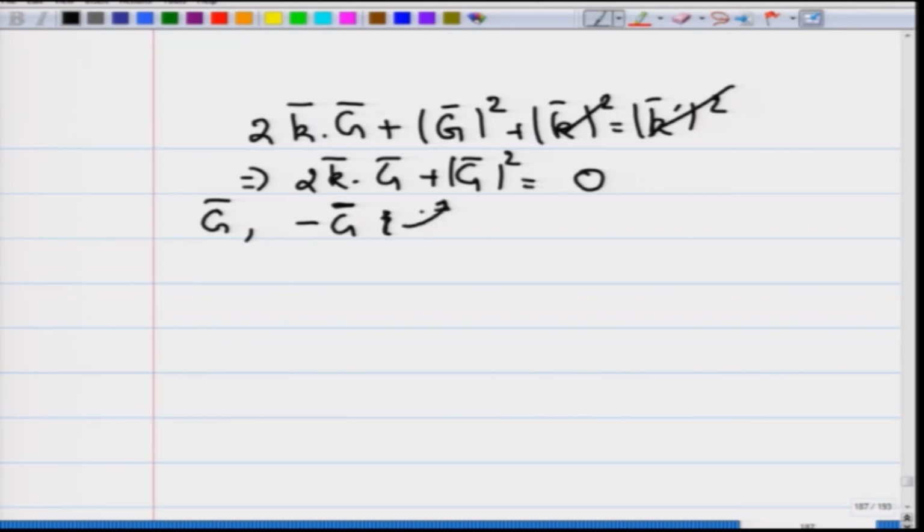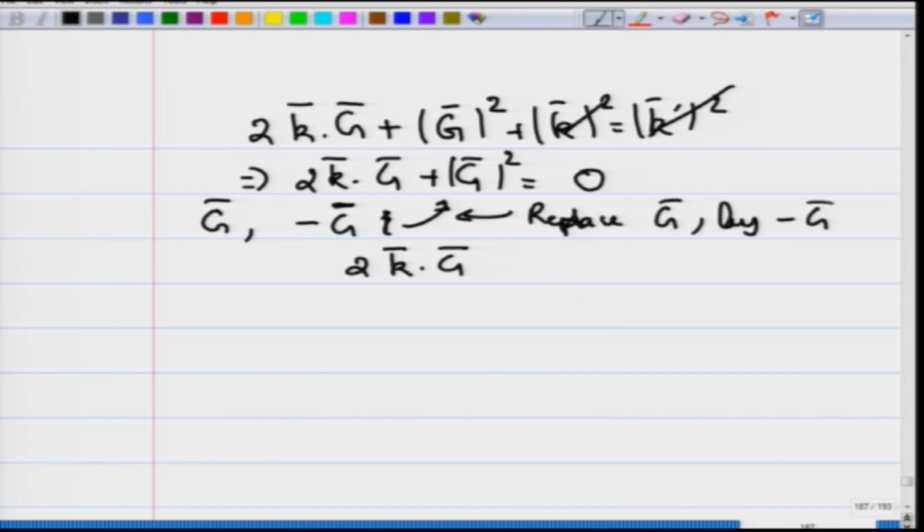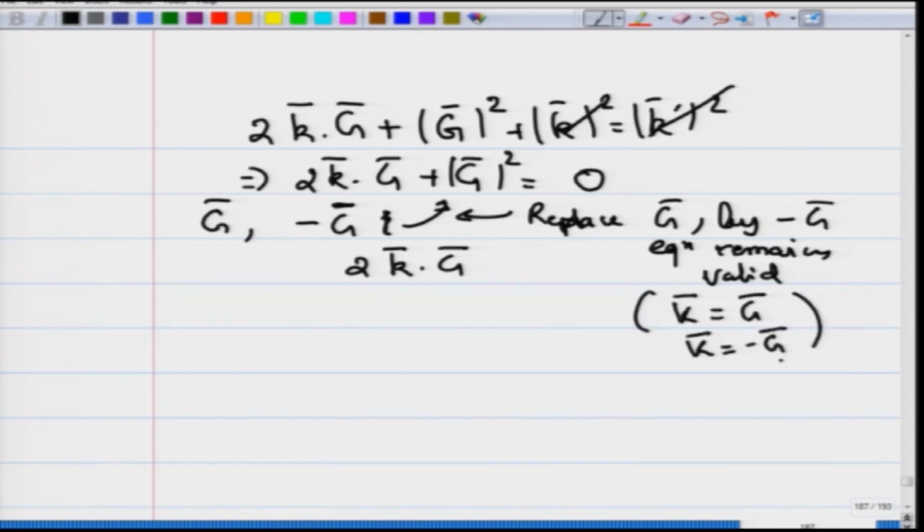If you replace G by minus G, the equation remains valid, because the Laue condition is valid for G as well as for minus G. So it becomes convenient to write it with the minus sign.